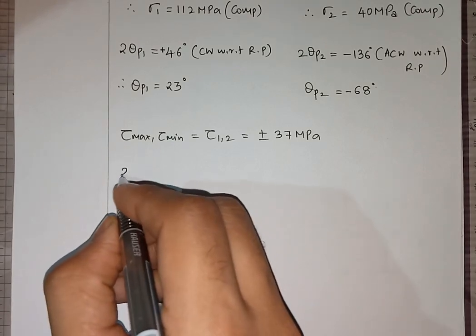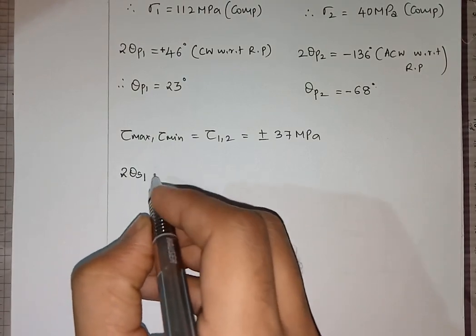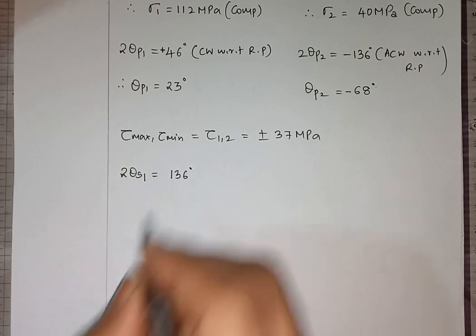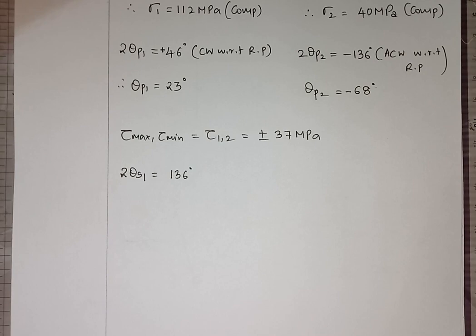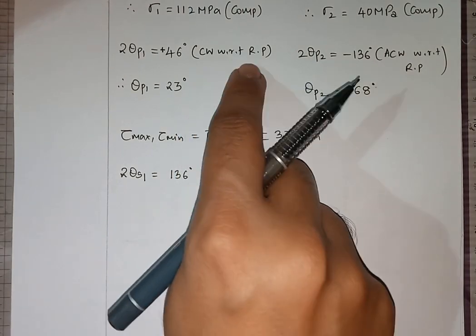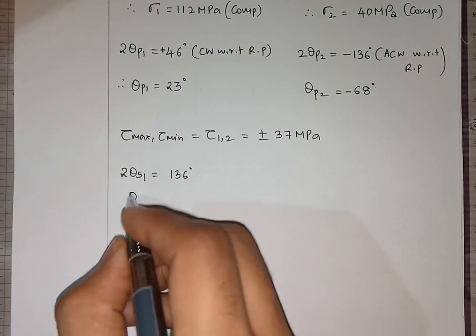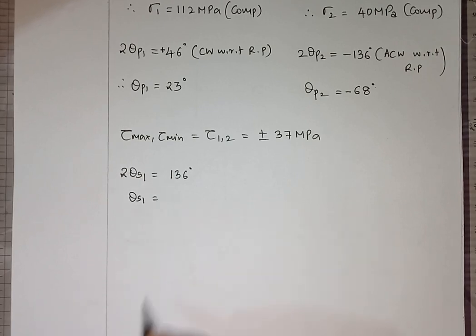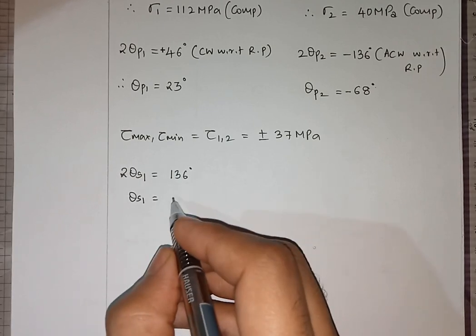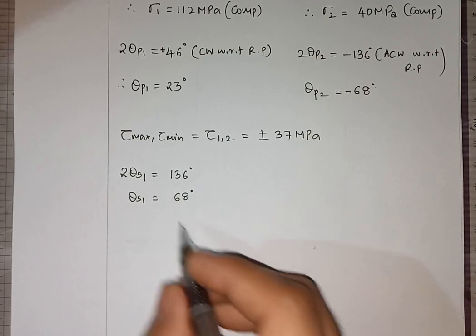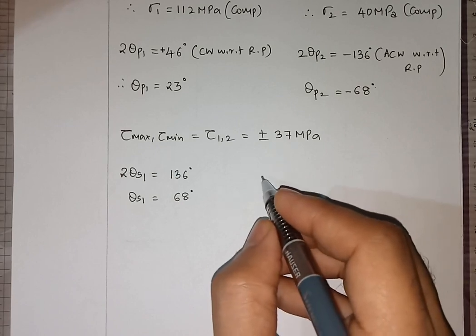Now 2 theta s1 is 136 degrees positive, because whenever I say positive, it is clockwise with respect to the reference plane. So theta s1 is equal to how much? 2 sixes are 12, 2 eights are 16, so it is 68 degrees.